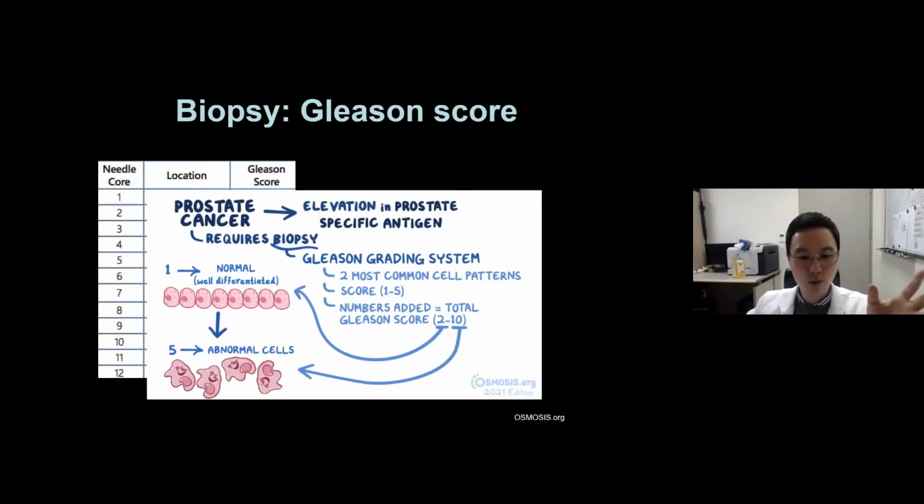However, 4 plus 3 means that most of the tumor is grade 4 and the second most common is grade 3. So 4 plus 3 might be more aggressive than 3 plus 4, although the Gleason score is the same, 7. Also, because the highest score for each pattern is 5, the Gleason score cannot exceed 10, which is the highest score.